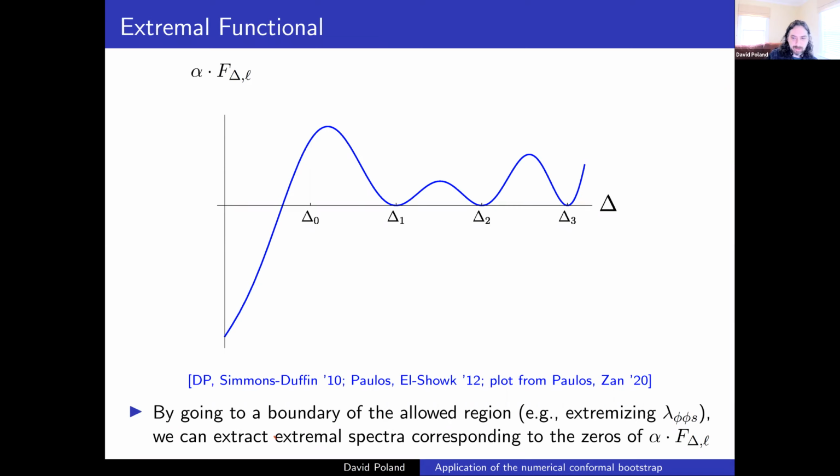Then from the functional right on the boundary, you apply the functional to the conformal blocks and plot it, and you see that it has some discrete set of zeros, and the locations of those zeros pick out some solution to the crossing equations that you input into the program. You can also solve for the corresponding OPE coefficients. So this is also something we can do in practice.